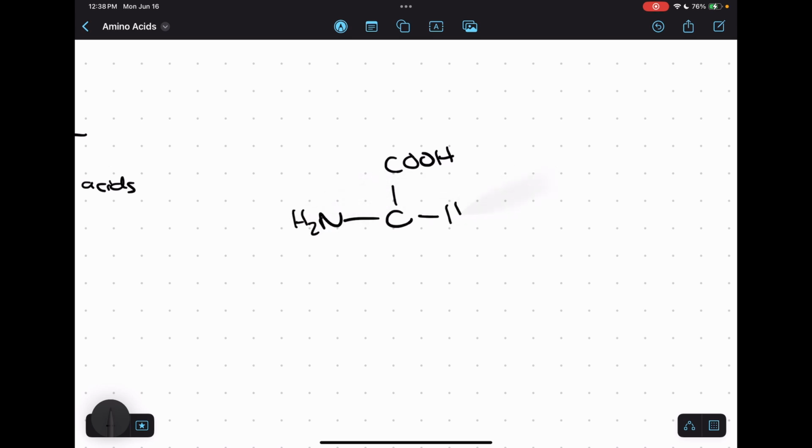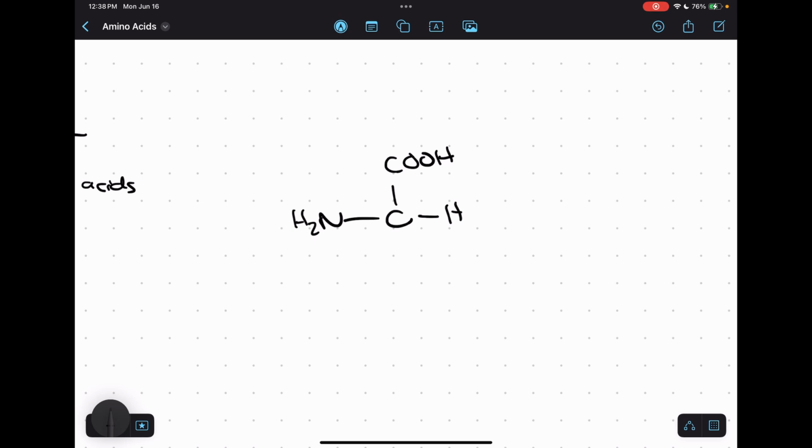As we look at the general backbone structure of an amino acid, we have the different structures like we talked about, and we have the central carbon. Here in the proteinogenic amino acids, it's an alpha carbon, but in other amino acids, it might not necessarily be an alpha carbon.